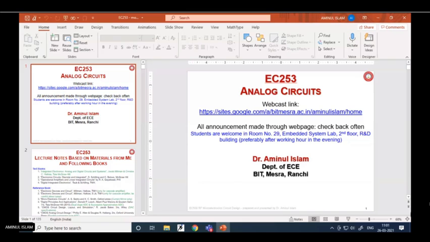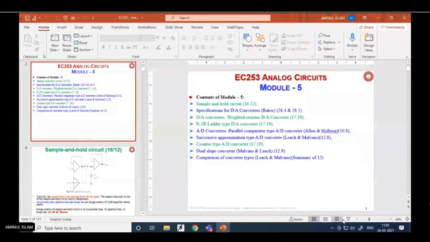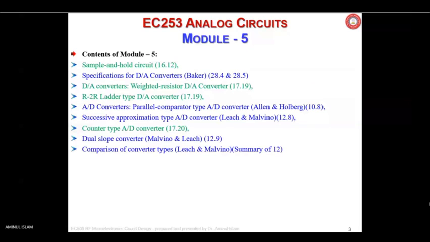Wednesday 3:15 I have class for seniors.